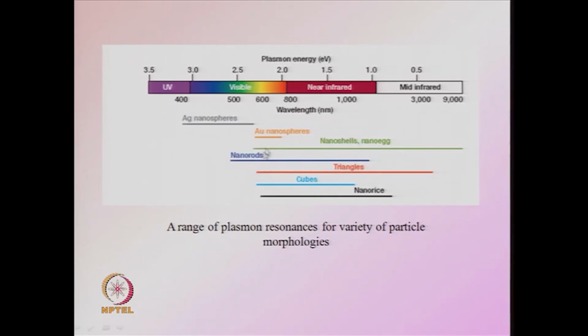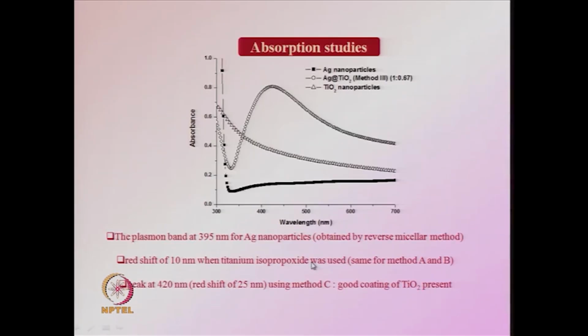Whereas, if you make gold nanorods, depending on the aspect ratio of the nanorods, you can tune them from the green to somewhere in the near infrared. So, the surface plasmon absorption band can be varied depending on the particle morphology.